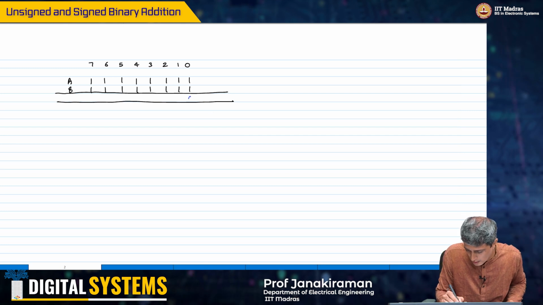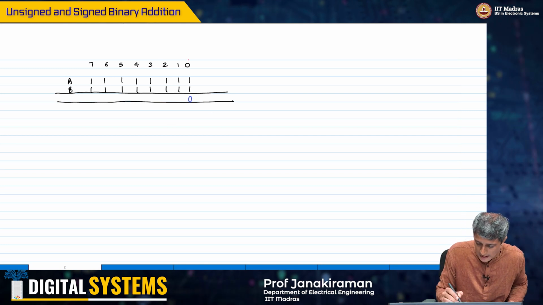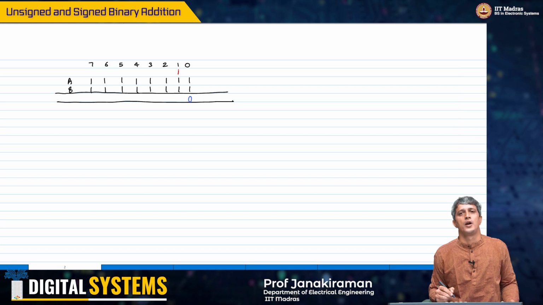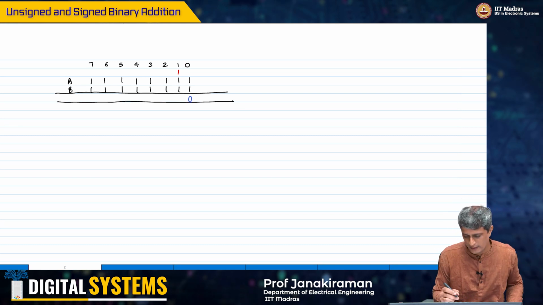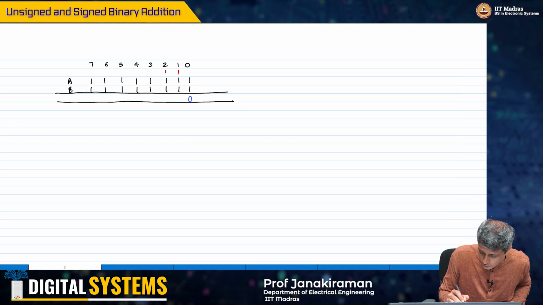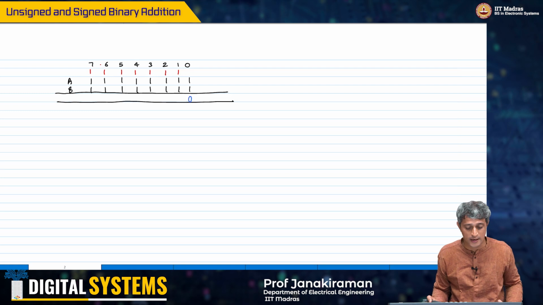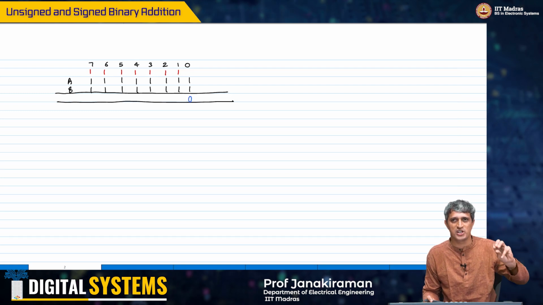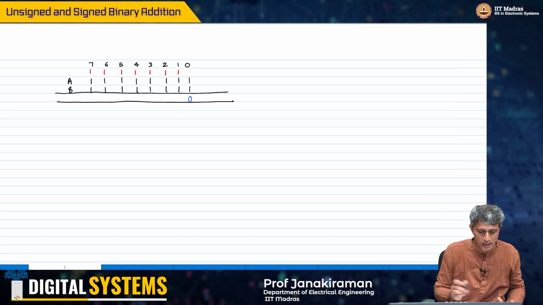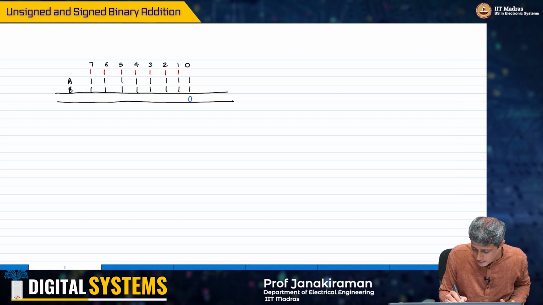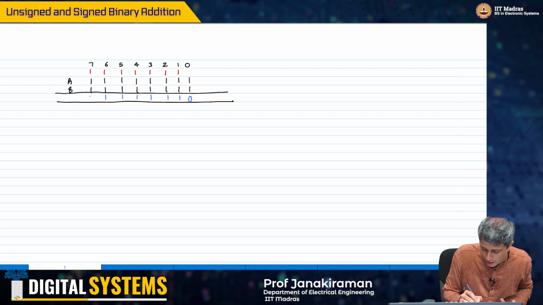1 plus 1 is 0, and you will get a carry of 1. Now everything is 1, therefore you have to keep carrying a 1 over like this, including this 7th bit, or the bit position 7, or the 8th bit actually, and all this has to be 1, 1, 1, 1, 1, 1, 1.